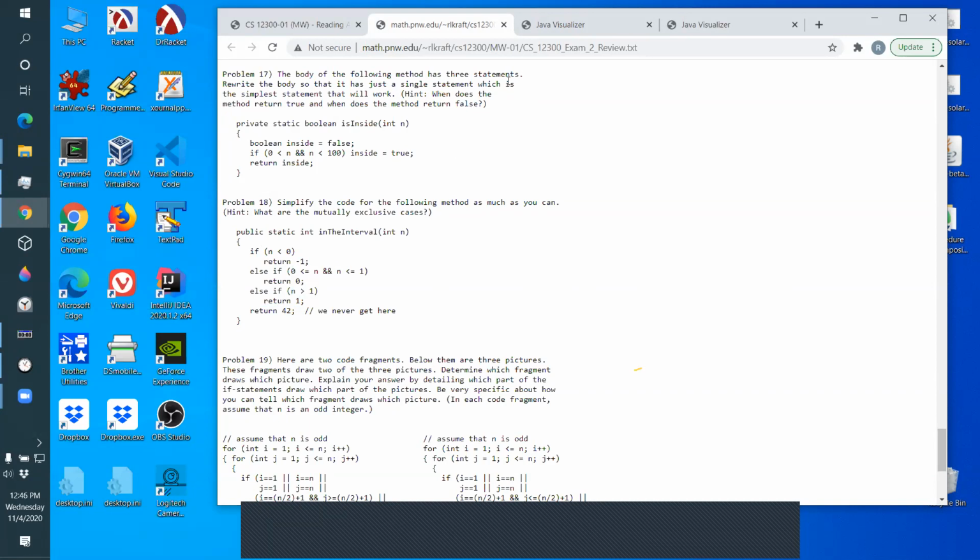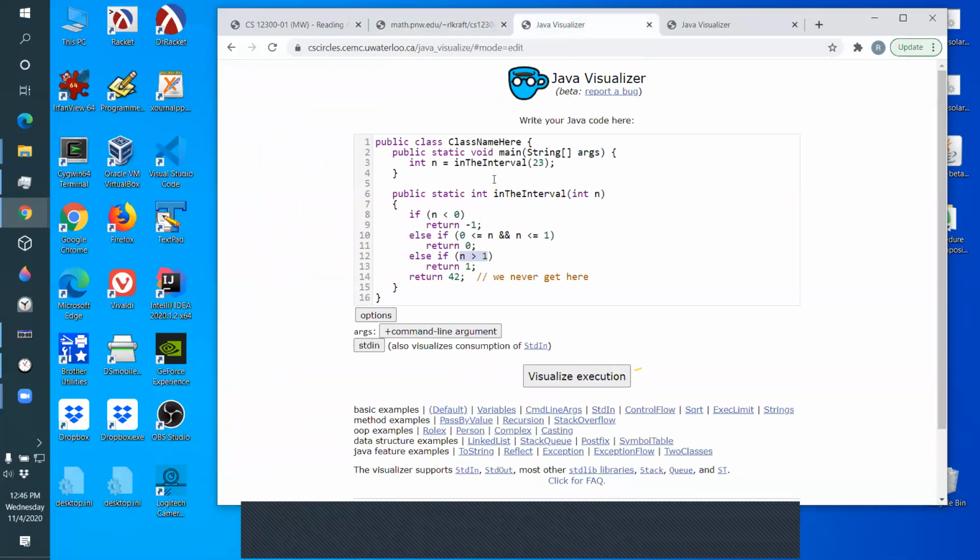Okay. Now, question is, how do I write mutually exclusive cases in a better way than this? How can I write that more clearly, saying that there's only three cases? Okay, you're either negative or, well, actually, let's think about this one a little bit.